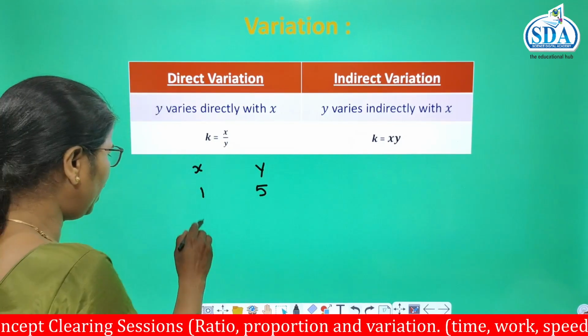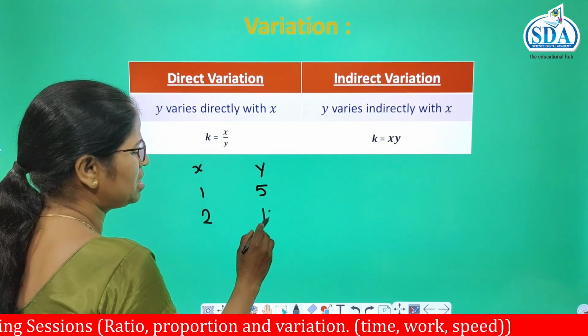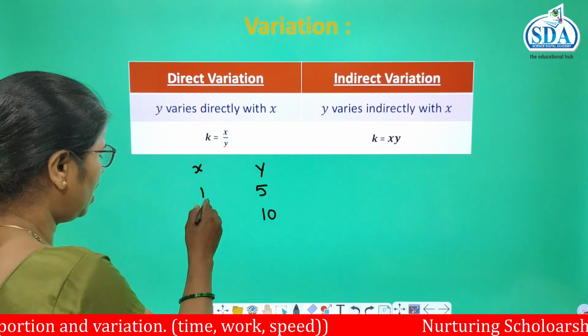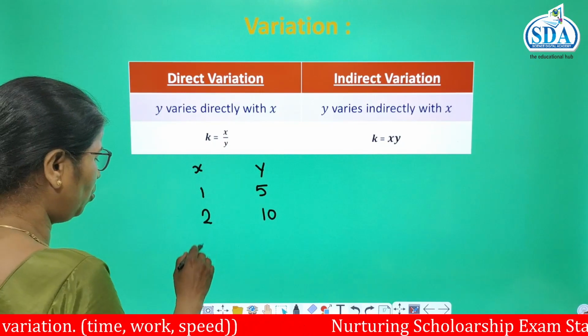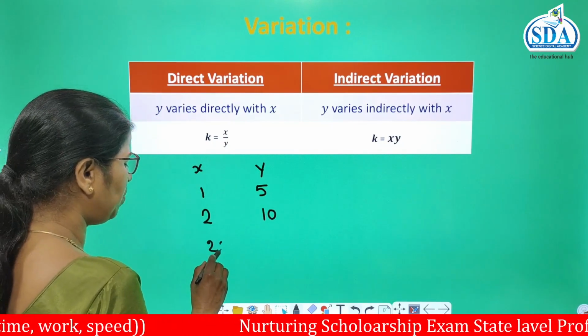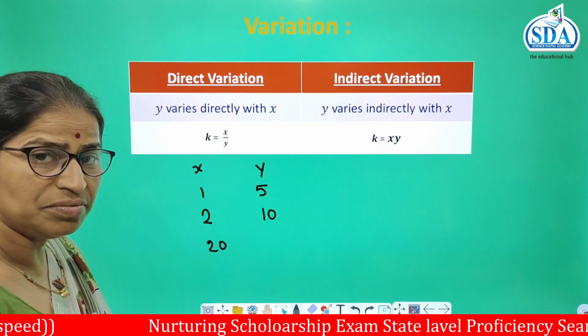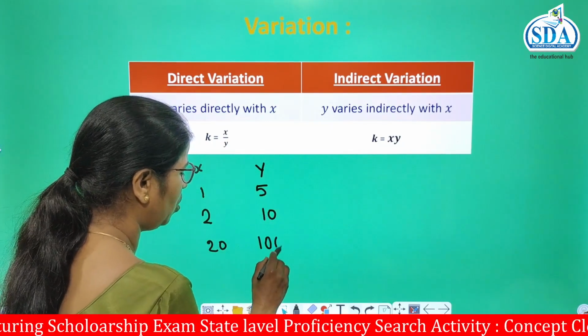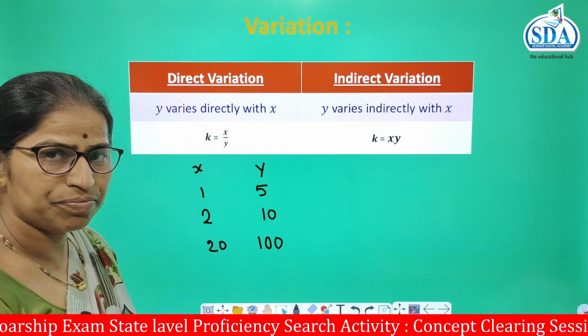If we have to buy 2 pens, the cost will be 10. And suppose we want to take 20 pens, then the cost for 20 pens will be.